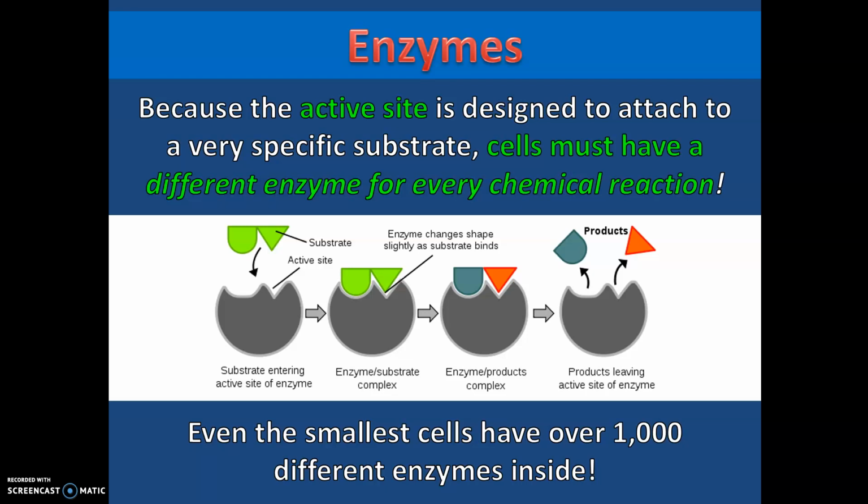You have one for breaking down milk sugars, you have one for breaking down pasta. There's a bunch of different enzymes in your body that are very specific to the type of molecule they work on.